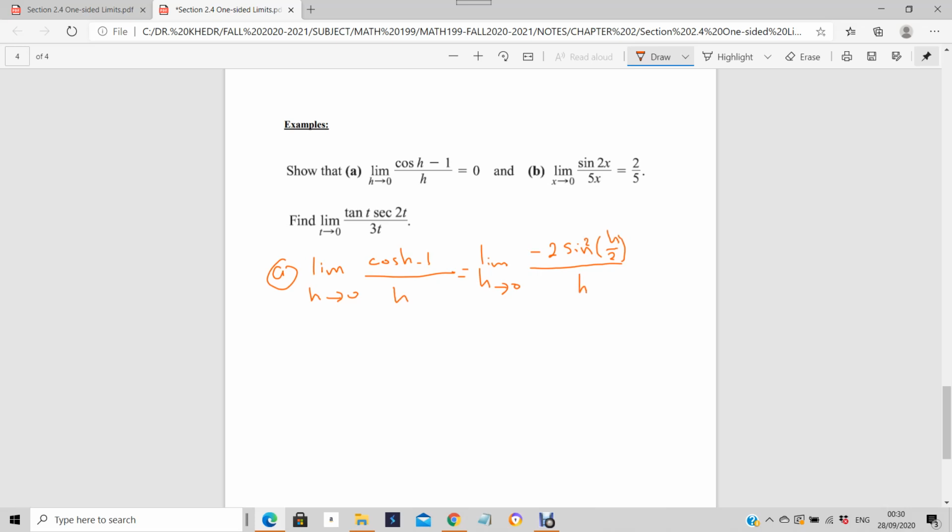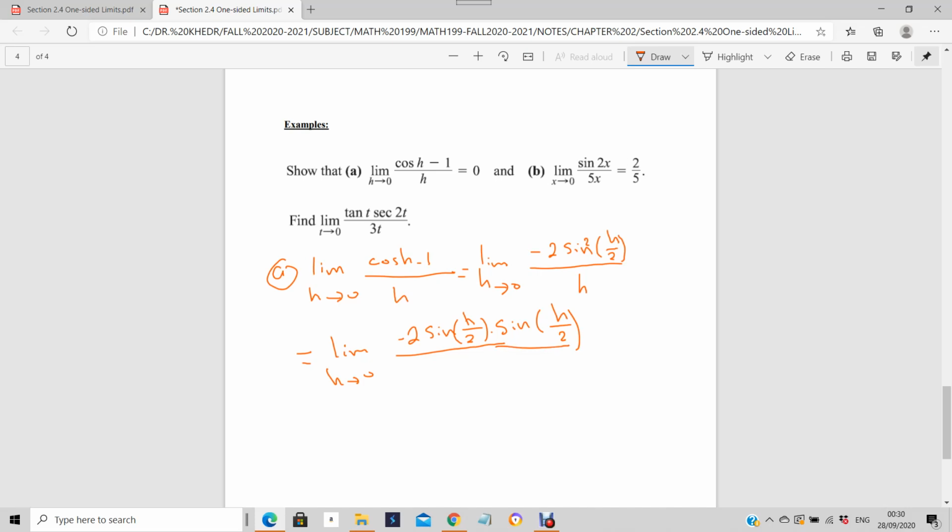Now, this is equivalent to the limit as h goes to 0 of minus 2 sine h over 2 multiplied by sine h over 2, because sine square means that this sine function is squared, multiplied by itself.